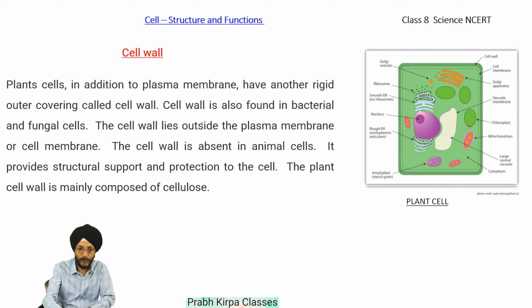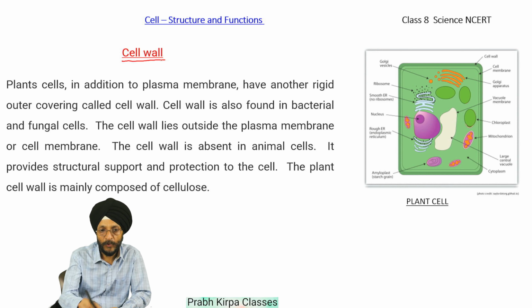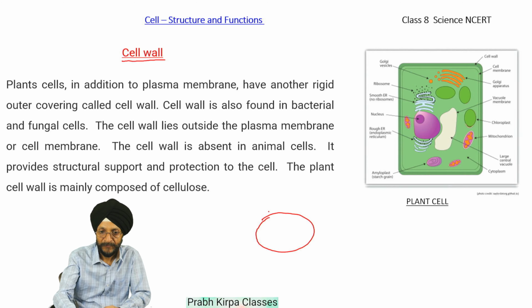So the next question arises with regard to the cell wall. As already discussed, in the case of animal cells, the outer covering is known as plasma membrane, but in the case of plant cells, there is an additional covering. This is the plasma membrane, which is present in plant cells as well as in animal cells.